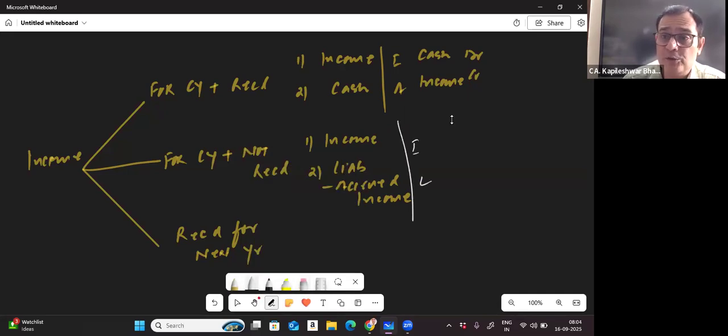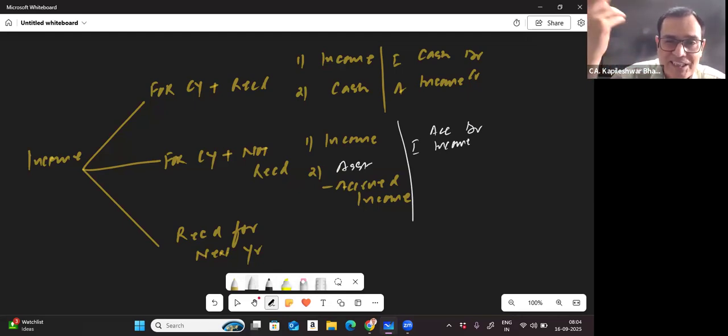So in this particular case, you can put the entry: accrued income gets a debit, and the income is always given a credit. Why a liability? Oh, sorry, my mistake, my error. It's an asset. My bad. So this is asset. Sometimes I start writing and I start thinking of the next step. Happens with me. Must be happening with you as well. So accrued income gets a debit and the income gets a credit. That's fine.